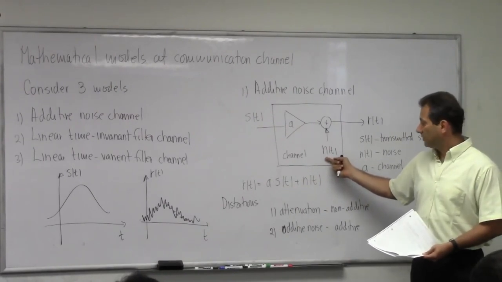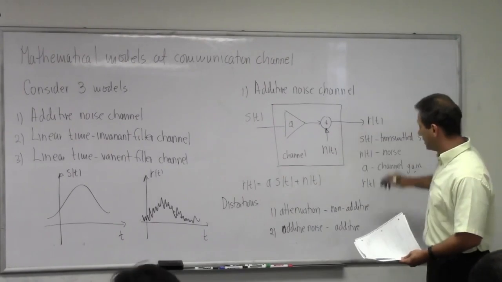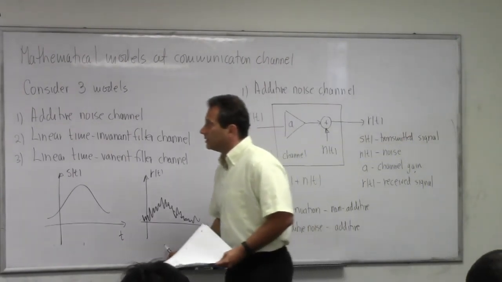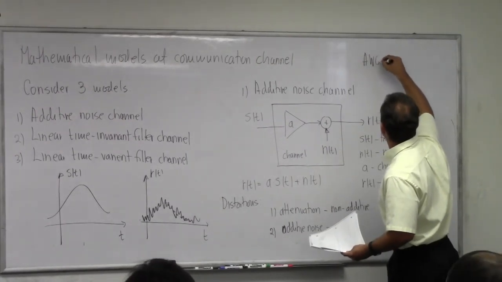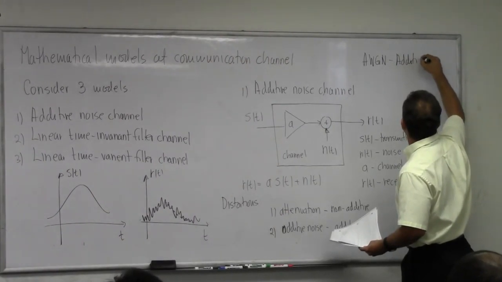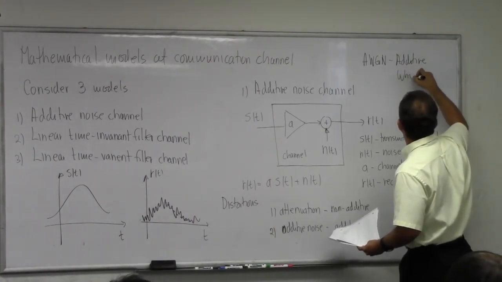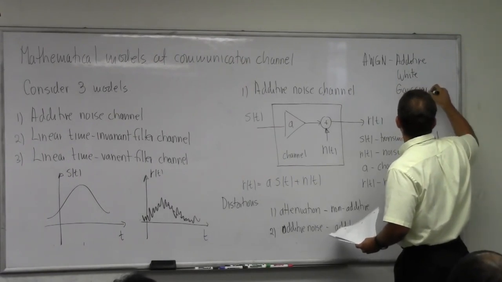And if that's the case, then we define something that we call AWGN. So the special version of this channel is, let me just put here, AWGN. That stands for additive white Gaussian noise.